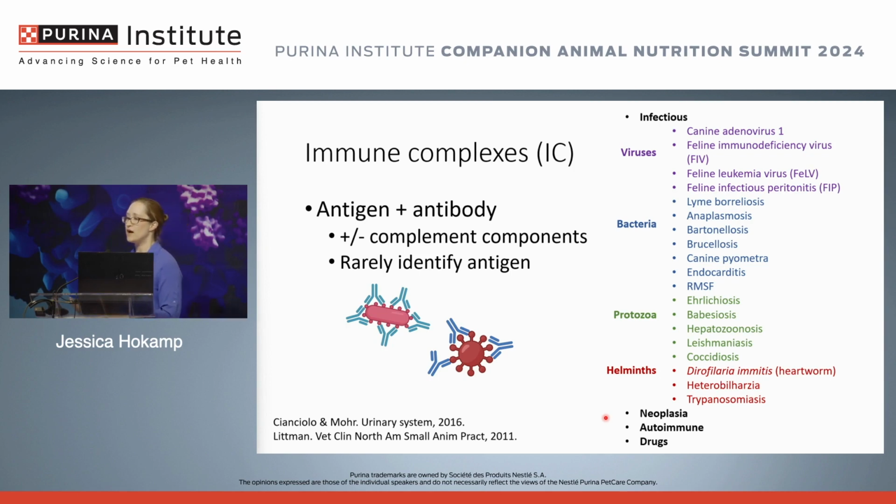Oftentimes, when we are suspicious of ICGN or have a diagnosis of ICGN, we then have to go down a diagnostic route looking for a potential infectious organism or cancer or something that contributed an antigen and is driving the disease, because it's ideal to clear that antigen if possible. Most of our patients, we suspect there may be an infectious component that incited the disease, but again, we often do not know specifically which antigen was present.